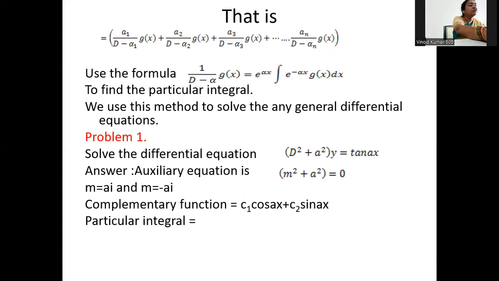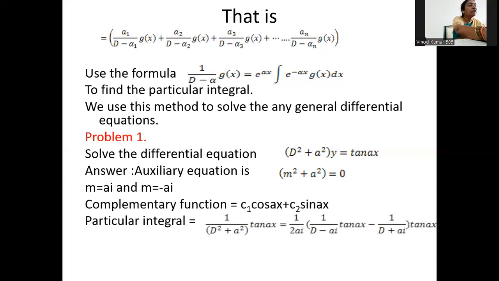This is of the form alpha plus or minus i beta. When the roots of the auxiliary equation are alpha plus or minus i beta, my complementary function is equal to e to the power of alpha x into (c1 cos ax plus c2 sin ax). Here, alpha is equal to 0.